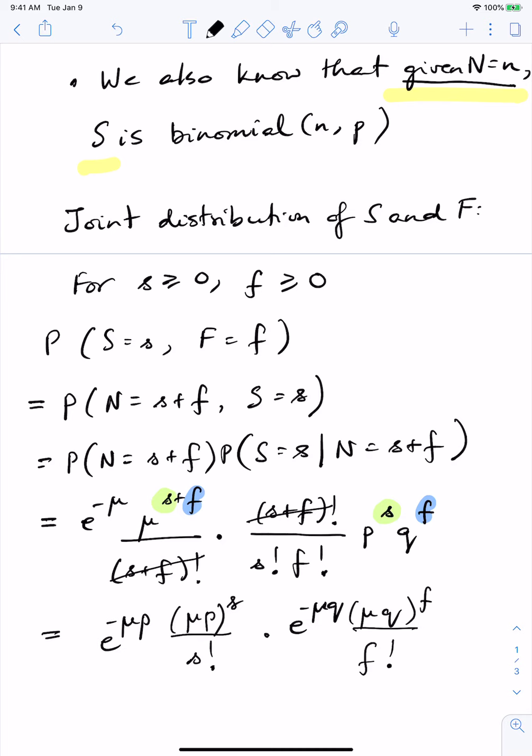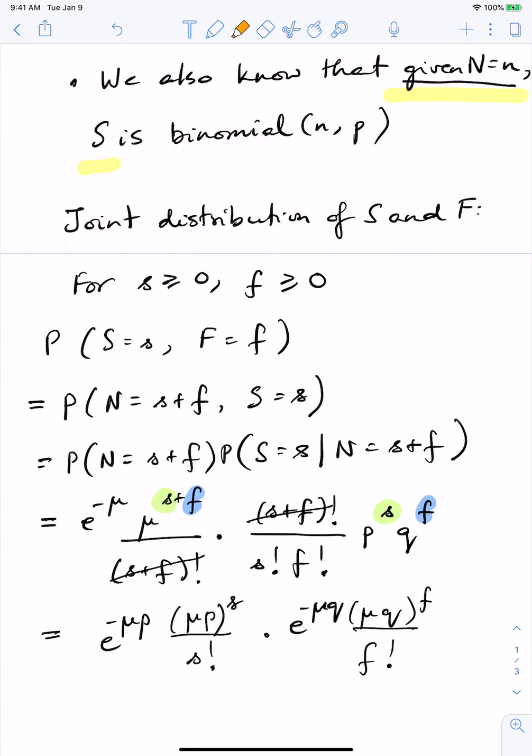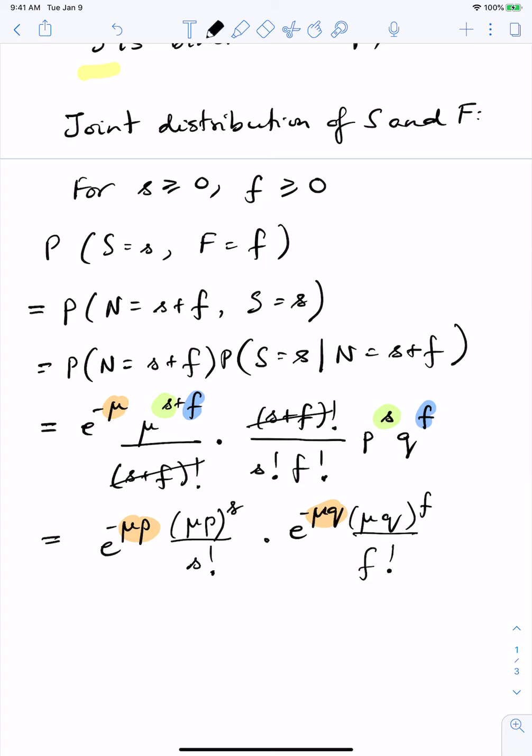Now, what we have instead is e to the minus mu. And what we should have is e to the minus mu p times e to the minus mu q. What do you think? Yes, exactly. They're exactly the same.